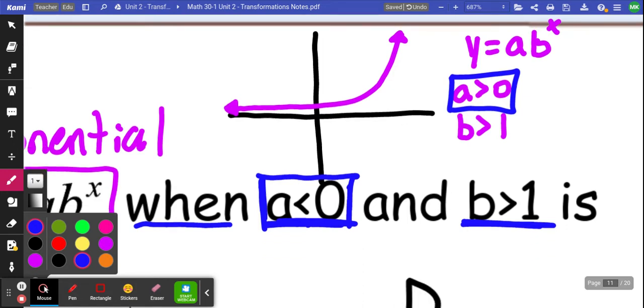Essentially, what they've done is they've taken your basic function, there's our basic function, f of x, and they've made it negative. Take your function and make it negative.